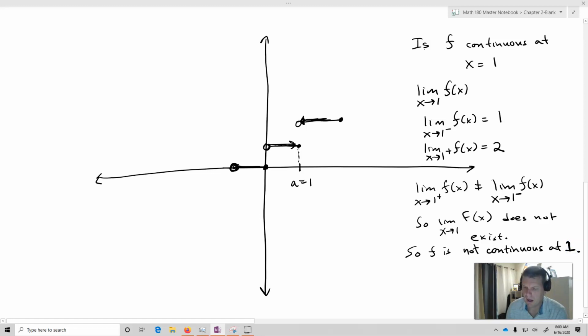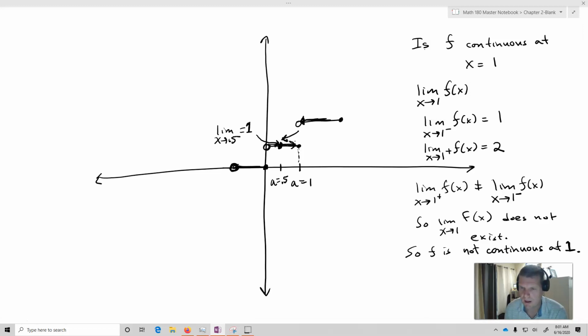On the other hand, what about a equals 0.5? Is it continuous there? Coming in from the left-hand side, the limit as x approaches 0.5 is going to equal 1. Coming in from the right-hand side, I also get 1, so for my limit on both sides, they agree.